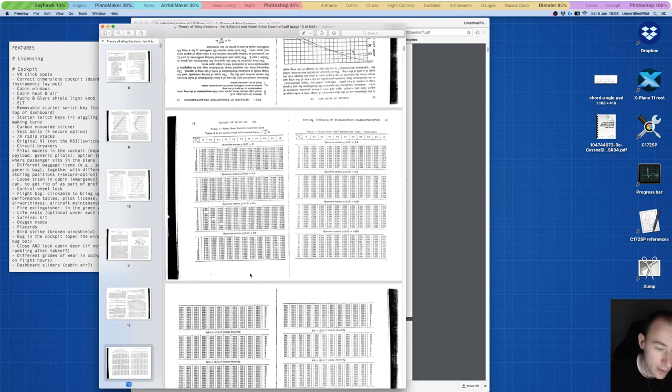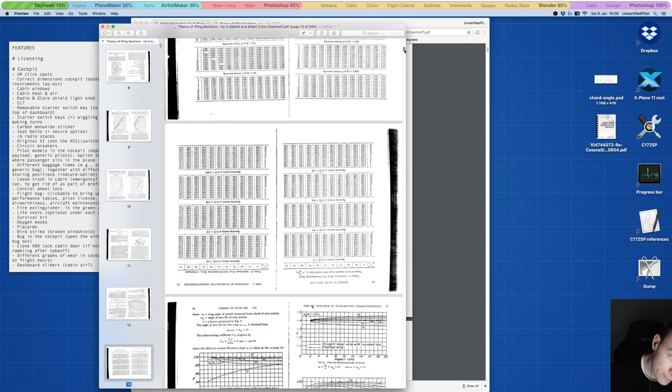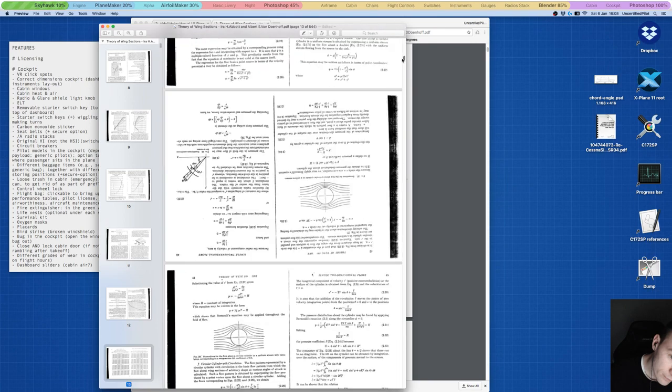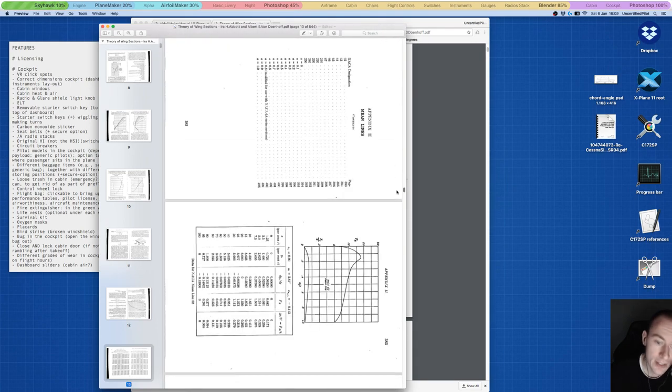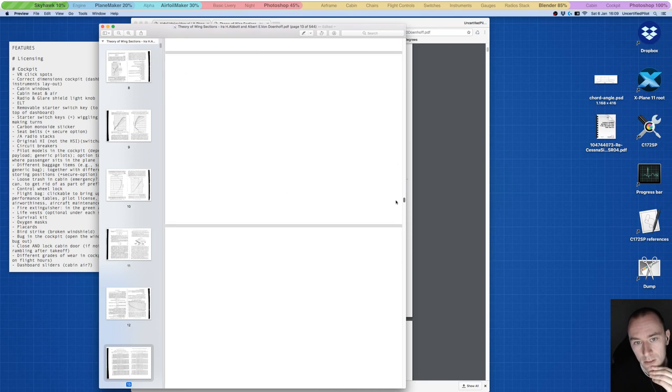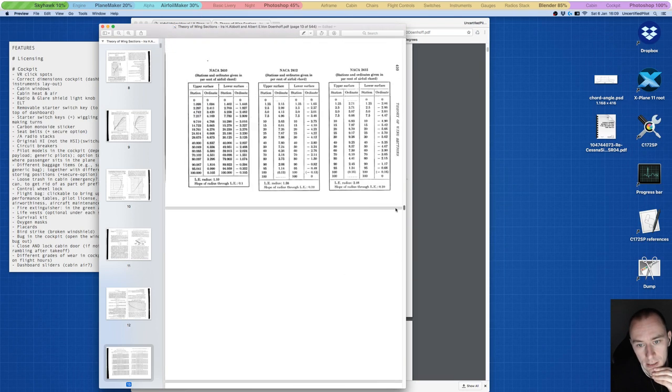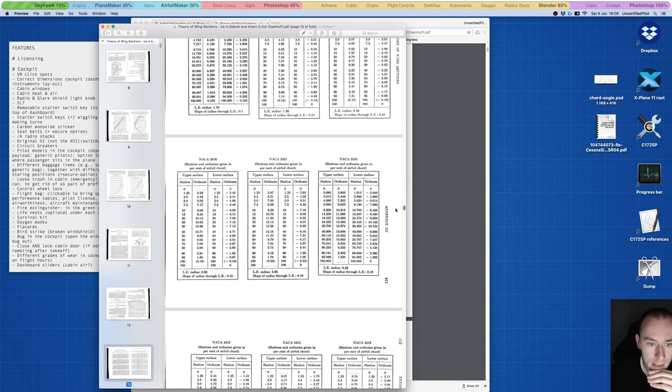Yeah, this is nice, but this is finding a nail. Perhaps it has an index. NACA. Look at that.